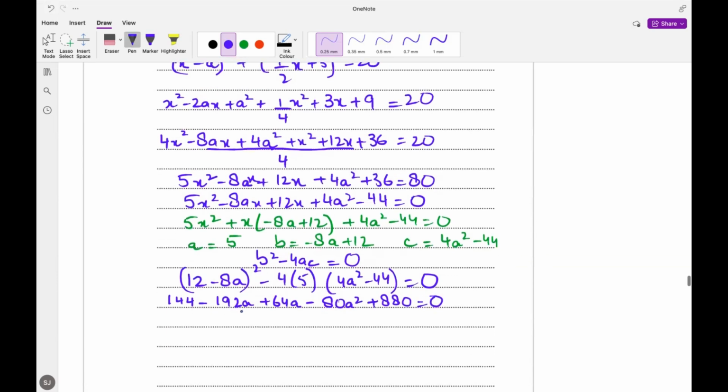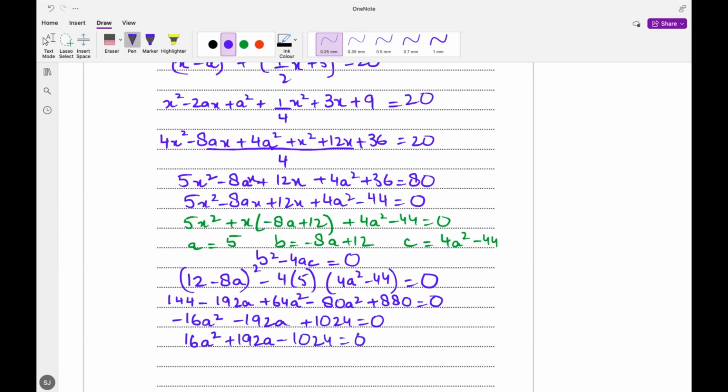So simplifying this expression, we get, so this was 64a squared. So 64a squared minus 80a squared will be minus 16a squared, minus 192a, and 144 plus 880 is equal to 1024. We can make the square term positive to write this equation as 16a squared plus 192a minus 1024.